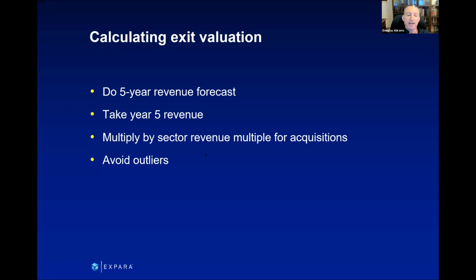We do that avoiding outliers, meaning we try to pick a reasonable sector revenue multiple. So we can look at acquisitions in our sector. Let's say we see the average revenue multiple for acquisitions is 5x. There's some at 2 or 1.5. There's some at 10 and 15.